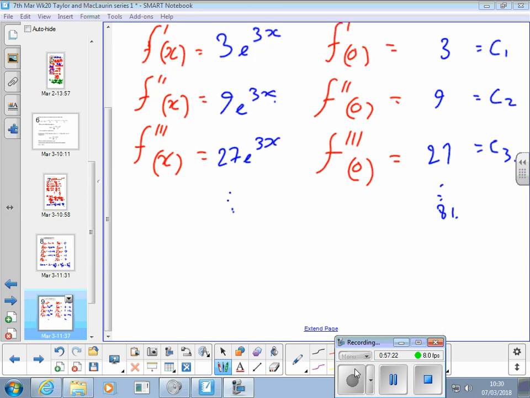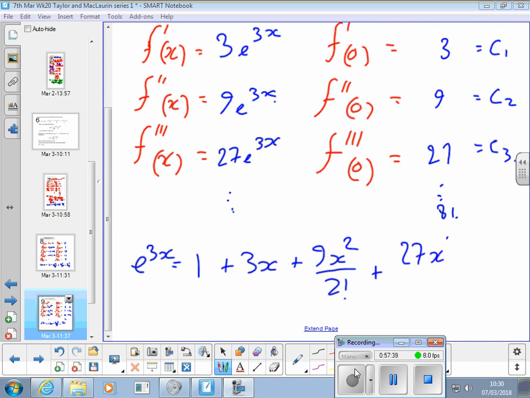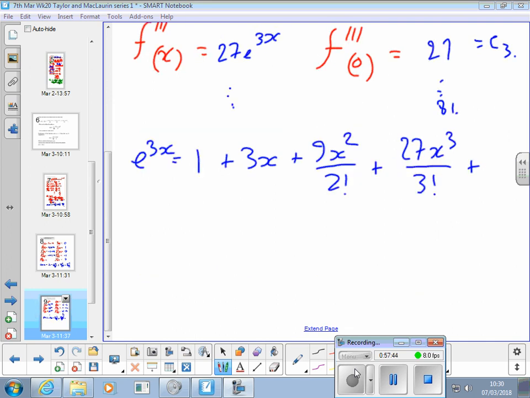Yep, given a power series, e to the 3x being equal to 1 plus 3x plus 9x squared over 2 factorial plus 27x cubed over 3 factorial plus 81x to the 4 over 4 factorial, and so on.